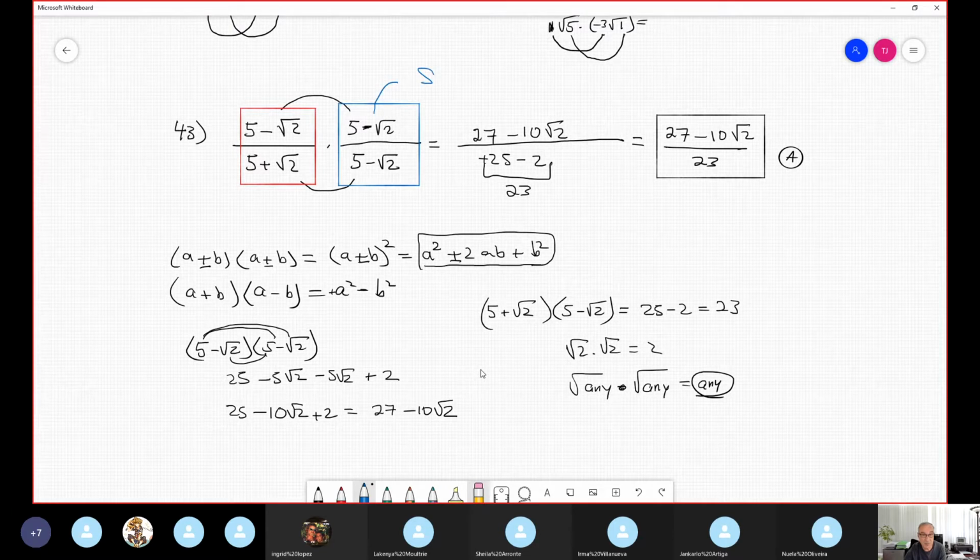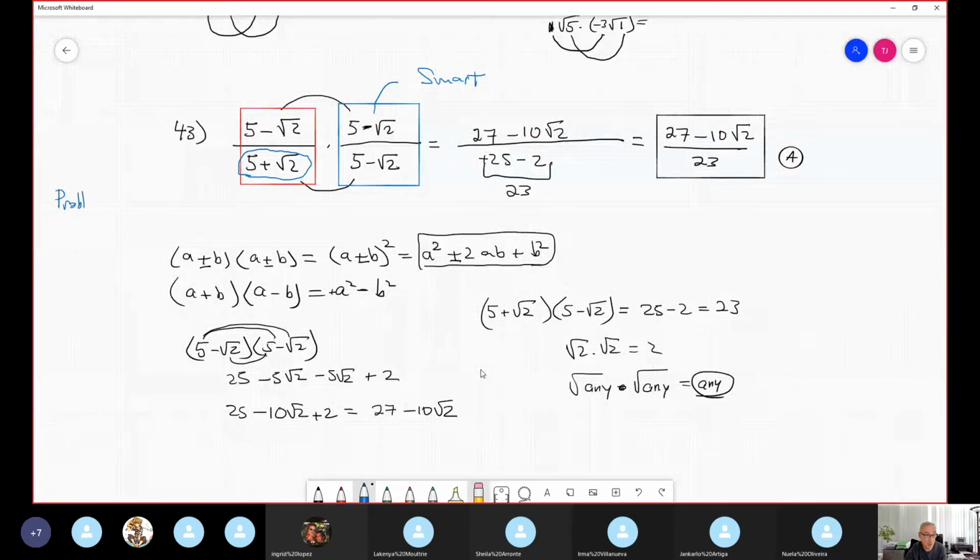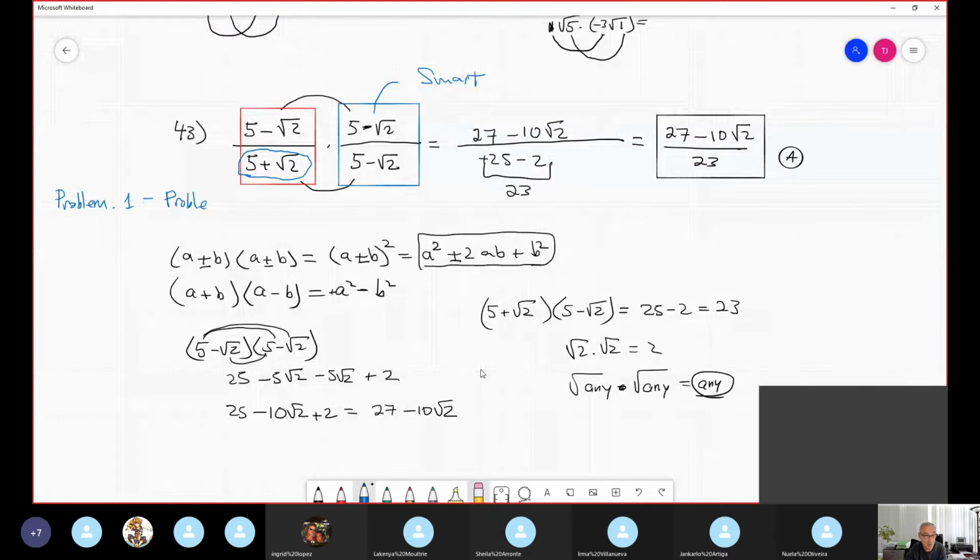And this smart one is the conjugate of the expression that we have in the denominator. I put a minus. And you repeat it here again because I don't want to affect my original problem. Because I know you have a problem, and a problem multiplied by 1 is equal to the same problem, no? Because 1 is an invisible factor.